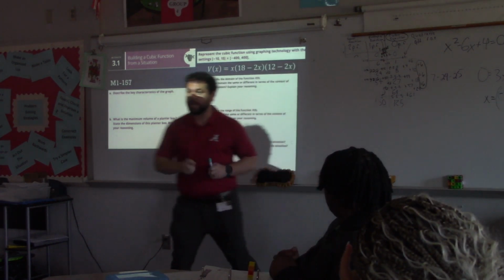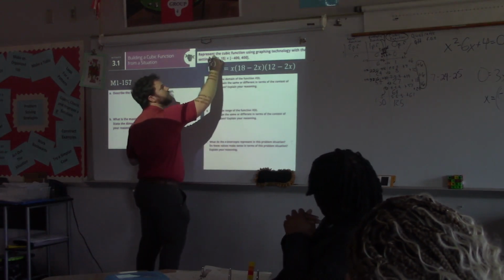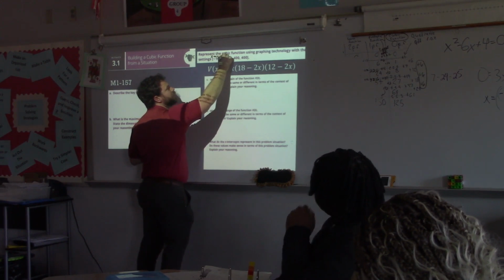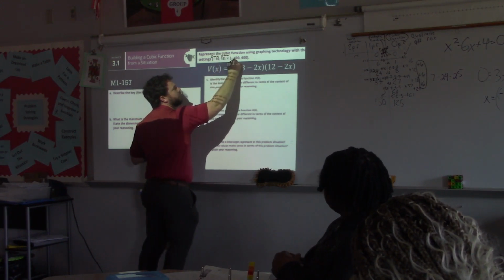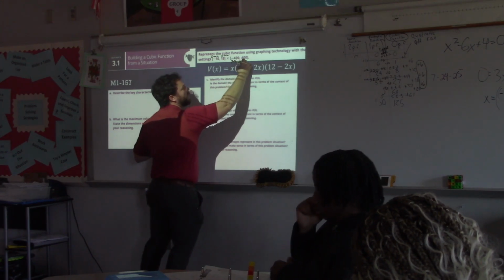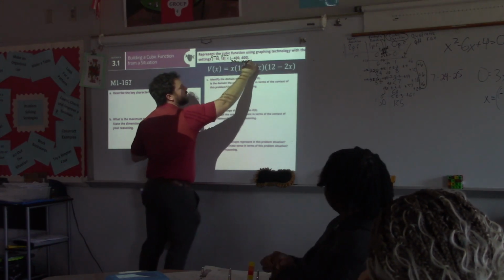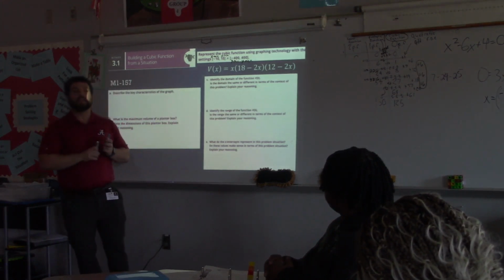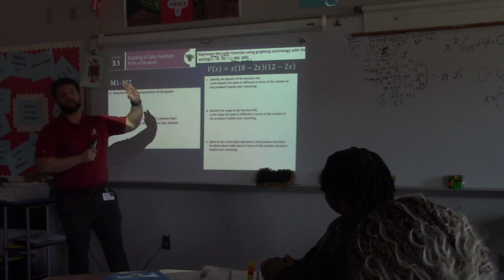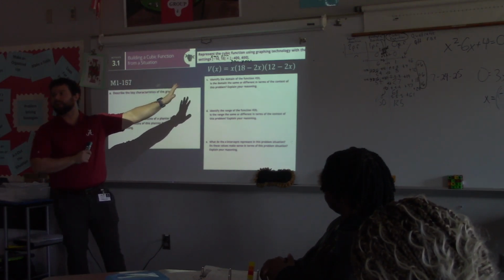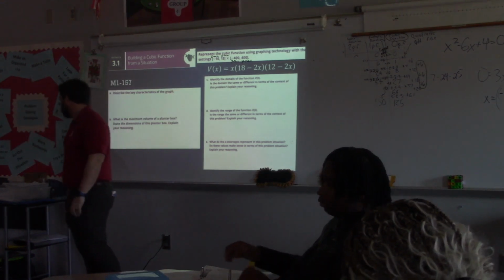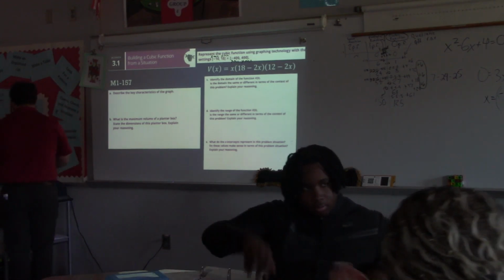Negative 10 to 15 needs to be my x-min, my x-max, my y-min, and my y-max. So when you get your thing graphed, it's going to be hard to see things unless you change the window to that. So make sure you change your window settings to those values. Sound good? All right, one person per group. Grab calculators. Start working on this. Let's figure this out.